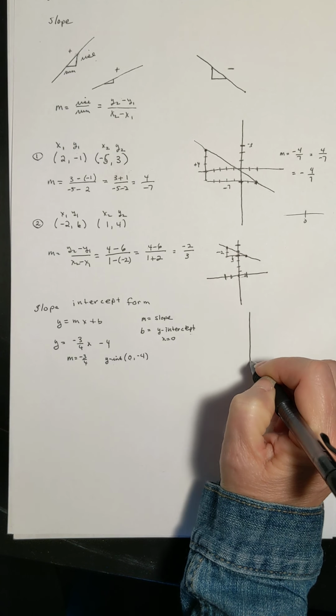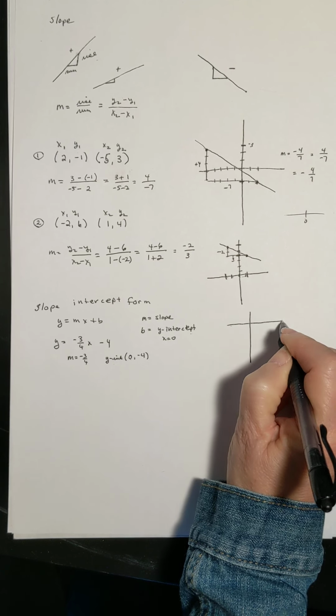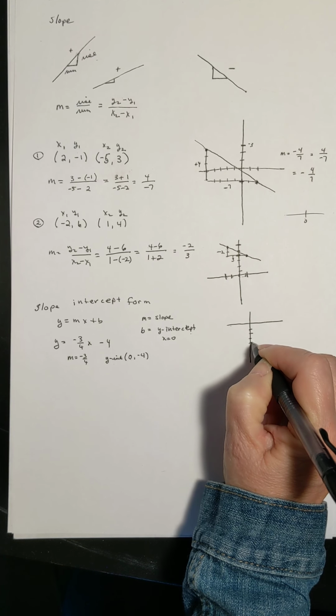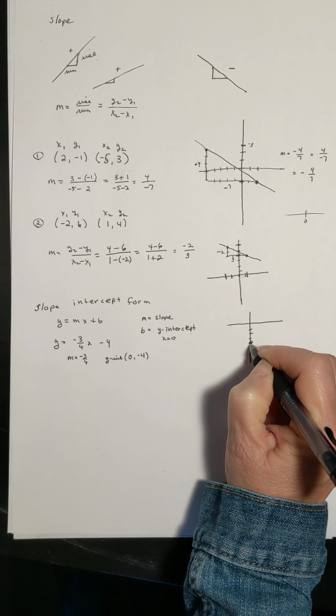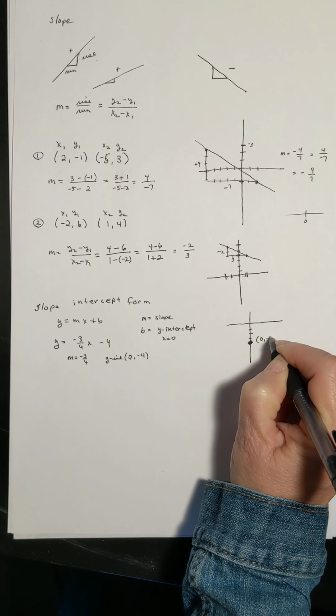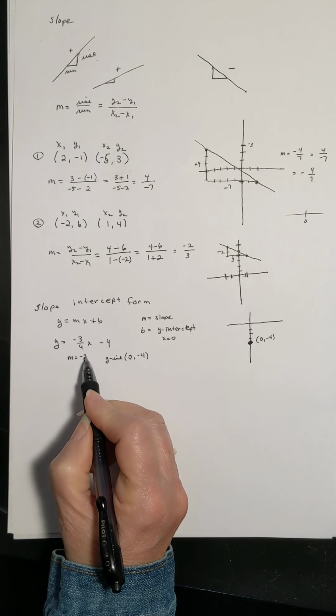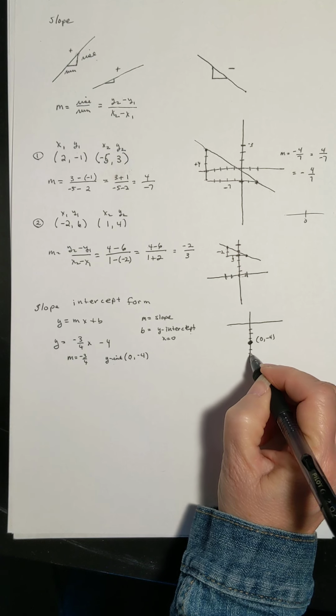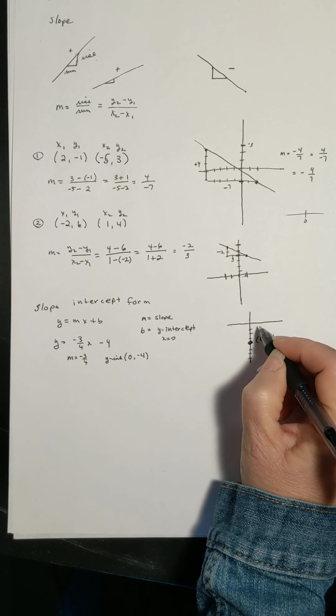Now let's look at this. 1, 2, 3, 4. So here's my y-intercept at -4. And then it says the rise is -3 and the run is 4. So I'd go down 3 more and go over 4.